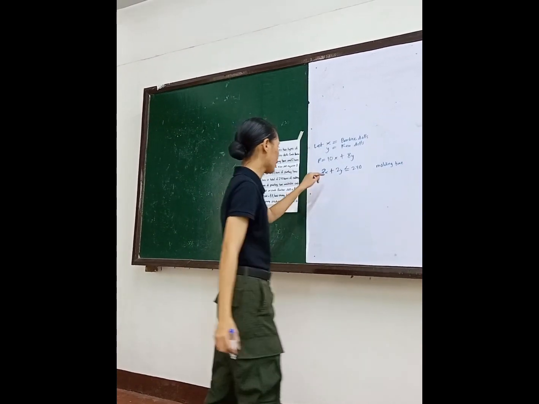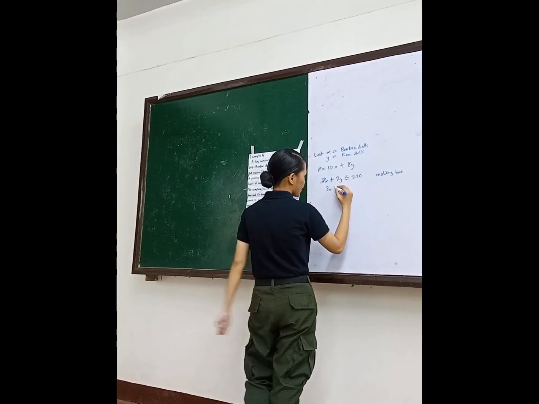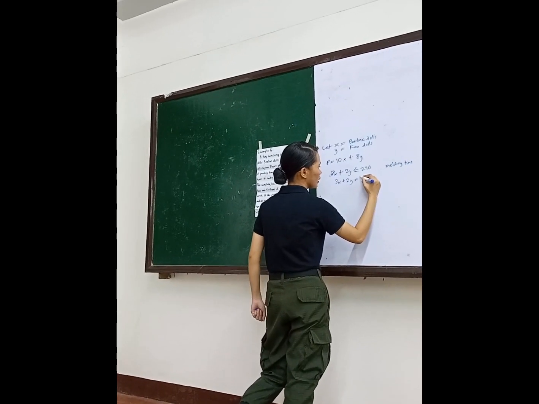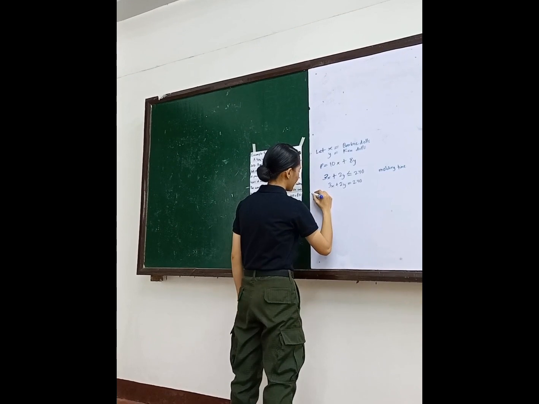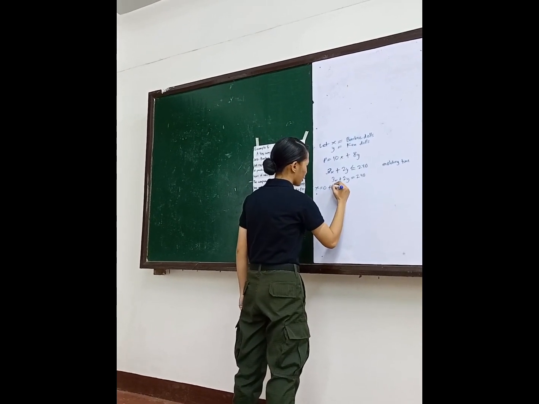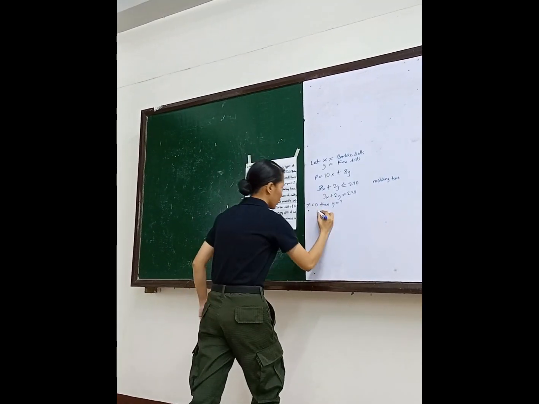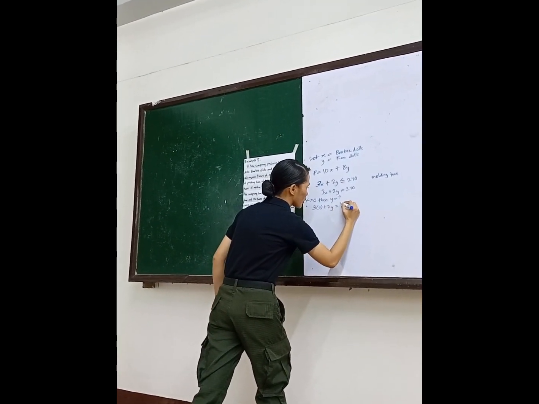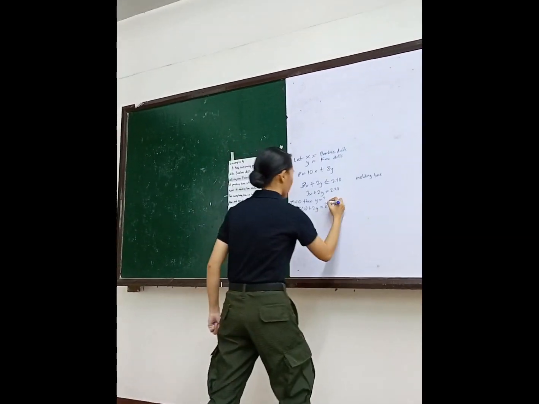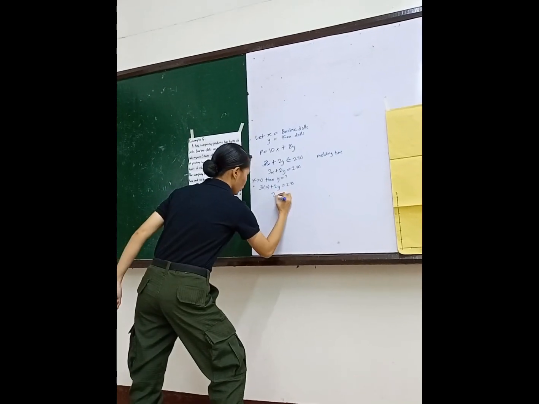And then we make this 3x plus 2y equals 240. Then when x equals 0, then y equals unknown. So 3 times 0 plus 2y equals 240.